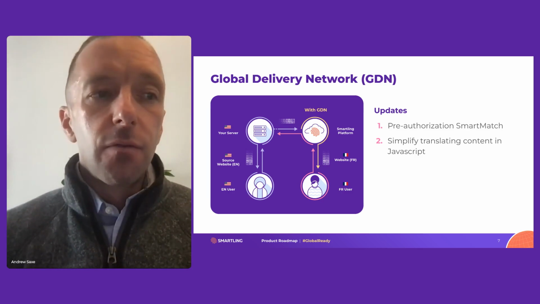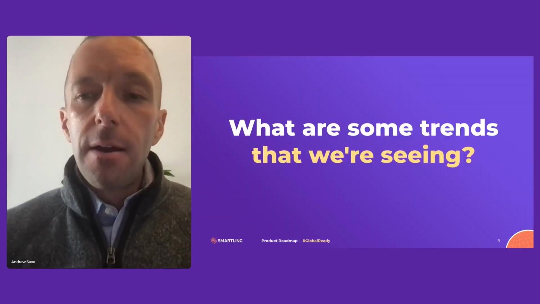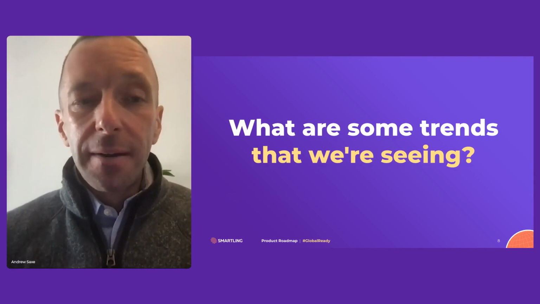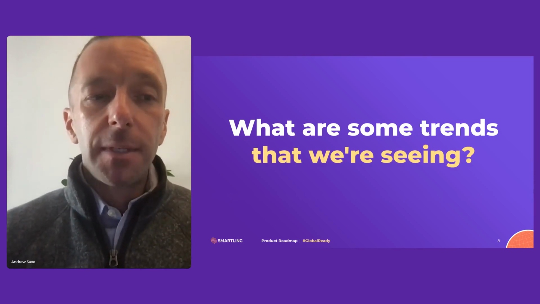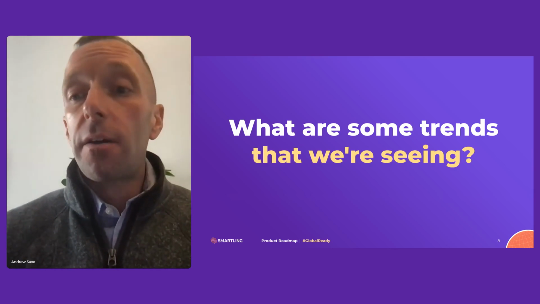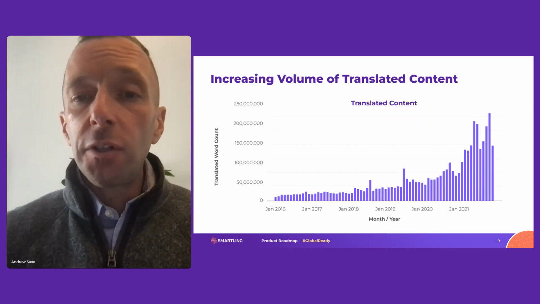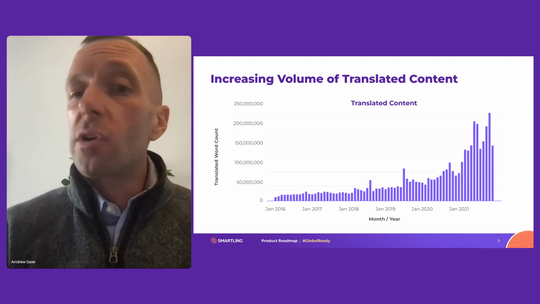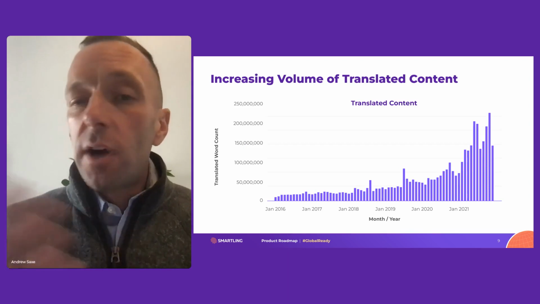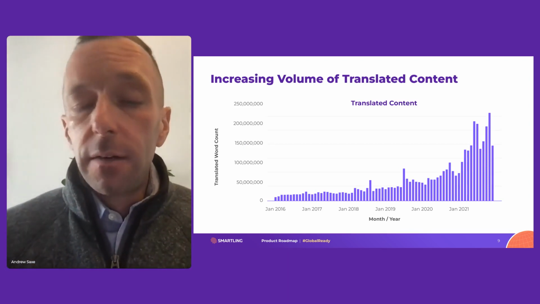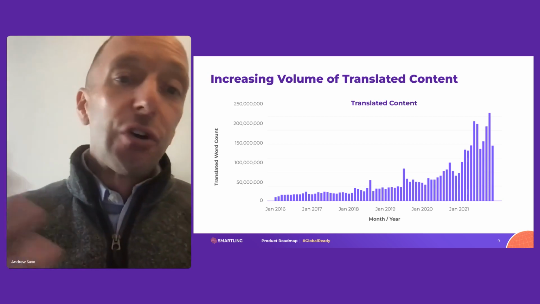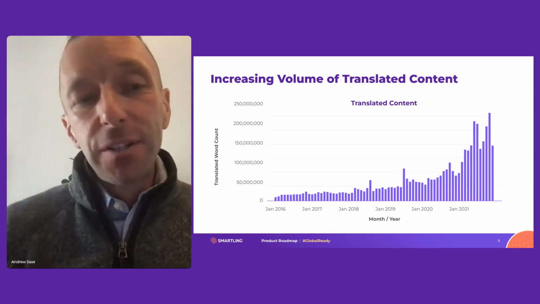2021 was, of course, a big year for Smartling, both from a product standpoint, customer standpoint, and as Jack mentioned, an investment standpoint. Across our customer base, we can really see a lot of different trends. First, more content is being translated, more content than ever. It's really across all different types of content, from marketing to product content, to internal HR content, to advertising content.